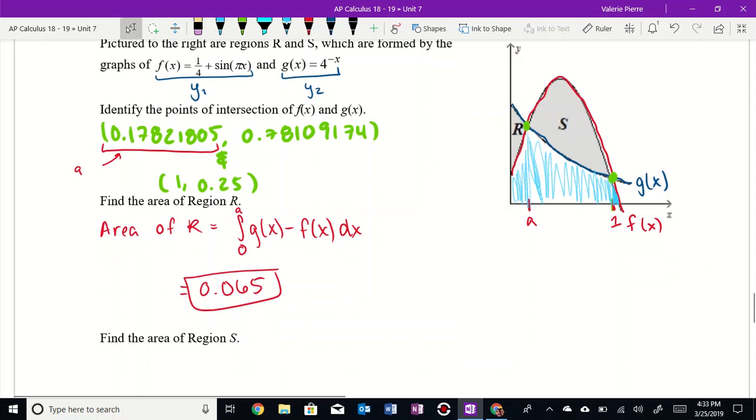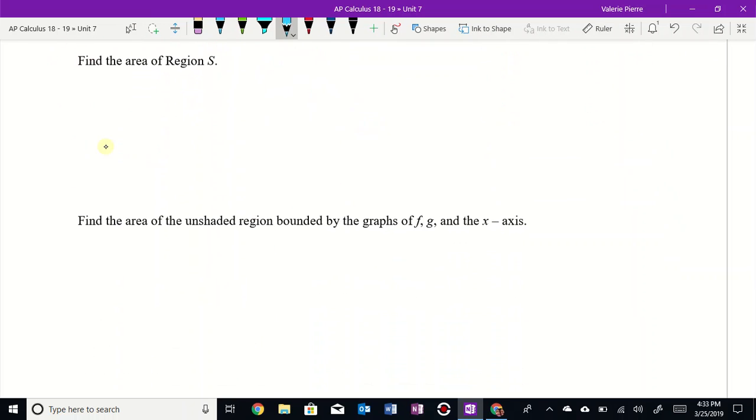So in order to find that, we need to know the limits of integration, right? So we can go from 0 to A to 1, and 1 to this point over here. So we need to know, when does f of x equal 0?